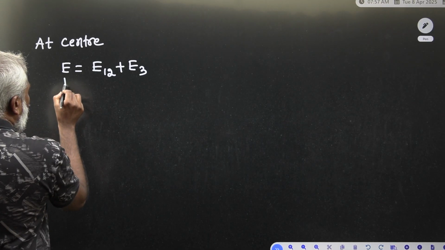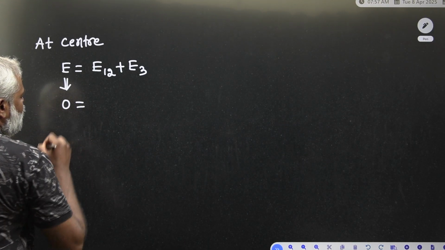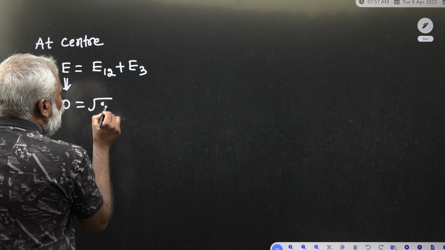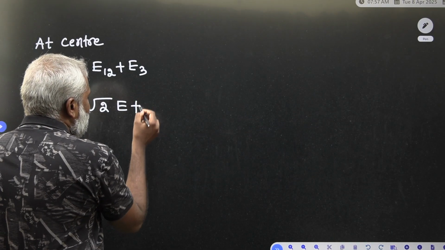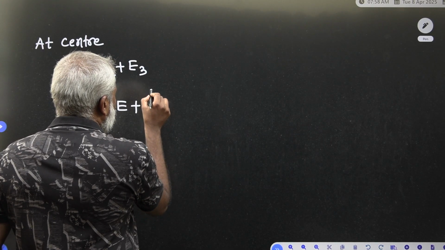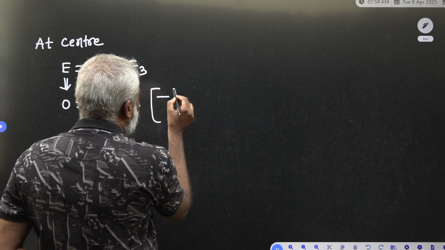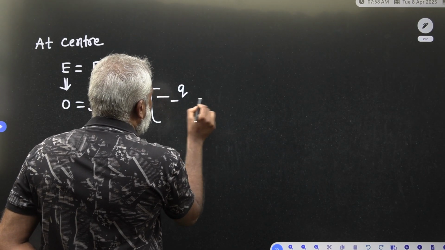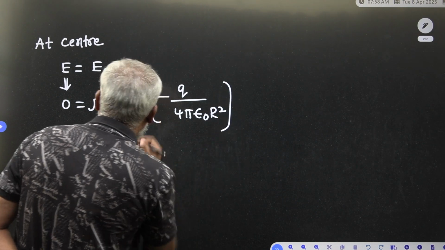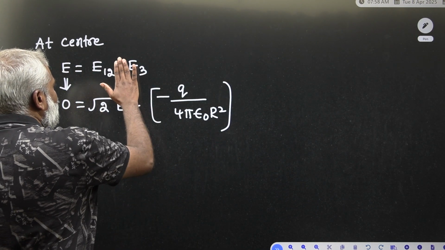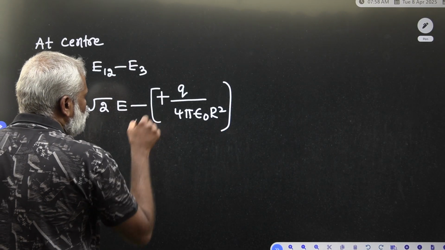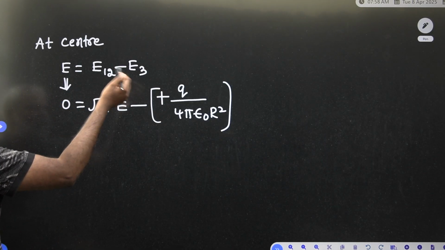According to your problem, at the center the electric field is equal to 0. Therefore E12, root 2 into E, plus E3, which we take in the minus direction, so small q divided by 4 pi epsilon naught r square, because it is in the negative direction. Otherwise, it is E12 minus E3.